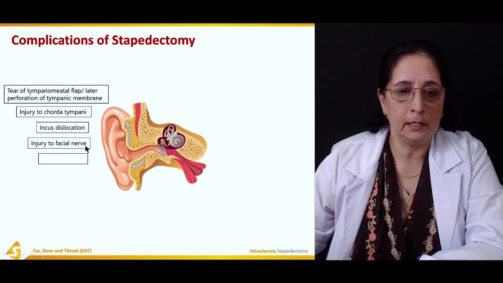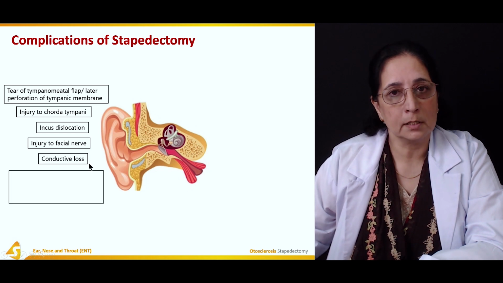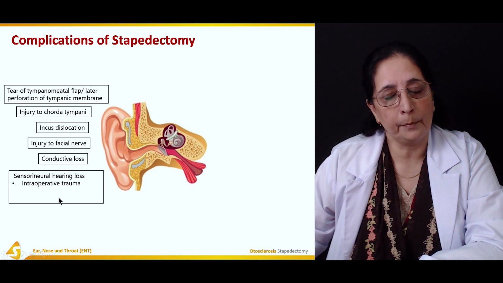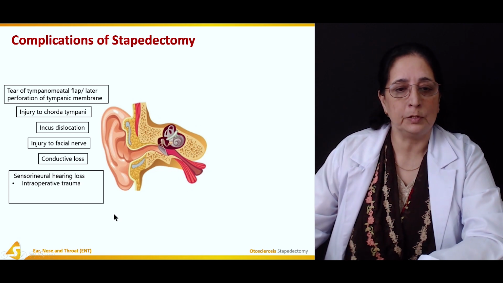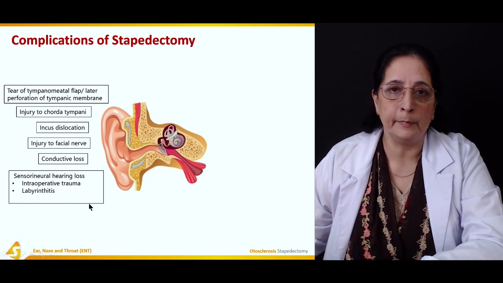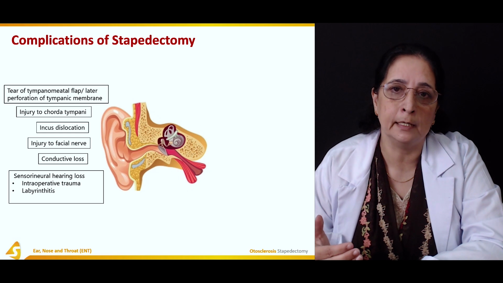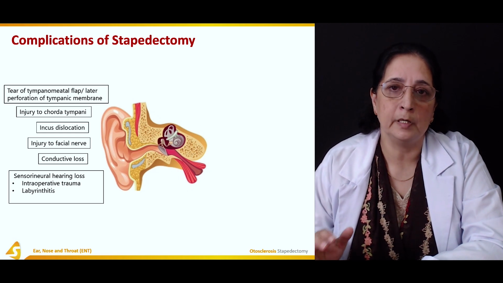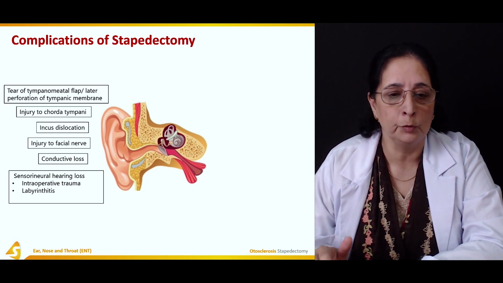Injury to the facial nerve, conductive loss, sensorineural hearing loss, as intraoperative trauma can lead to sensory hearing loss, and then labyrinthitis, inflammation or infection of the inner ear, because when the surgery is performed, it can lead to infection.